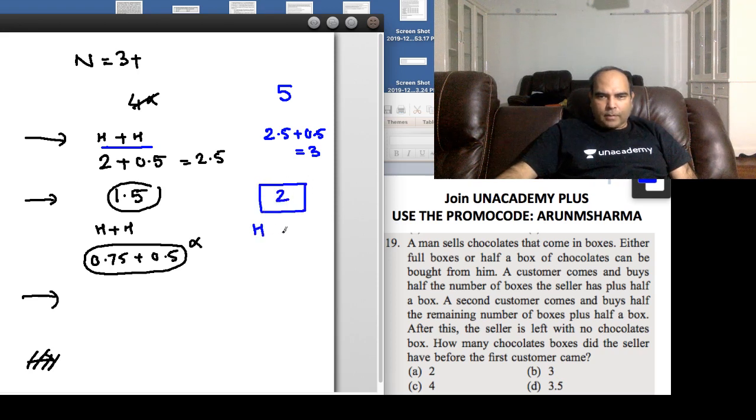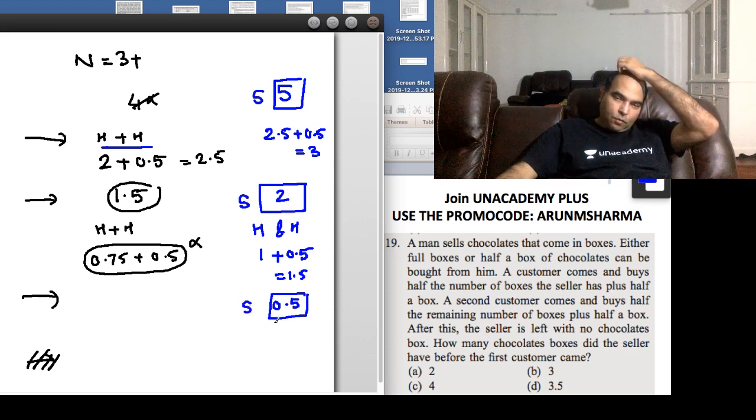So when the second customer comes and does half plus half logic, he'll pick up 1 plus 0.5, which means he's going to pick up 1.5. So the seller is left with 0.5 boxes. These are the boxes left after 1 iteration, and this is after 2 iterations.